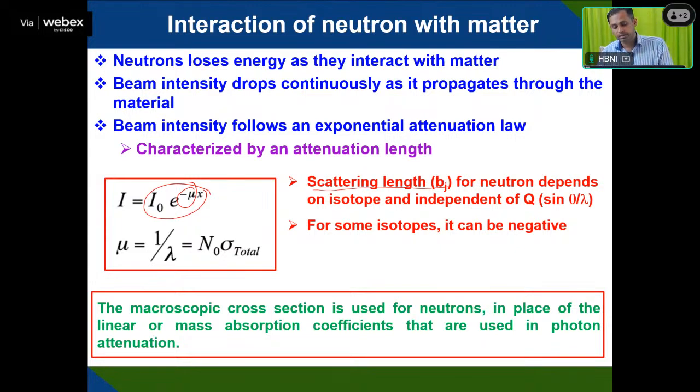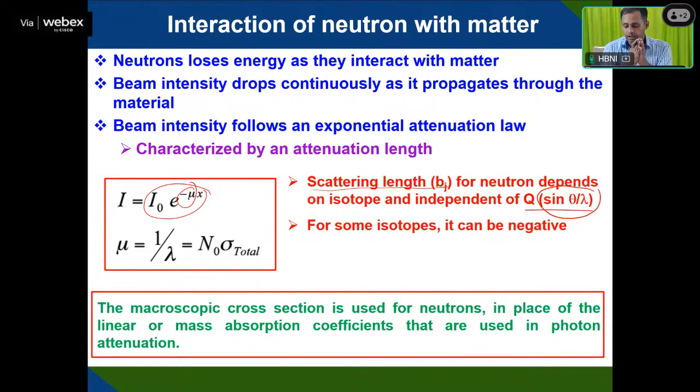That depends on the isotope, but is independent of the q vector, that is the wave vector, sine theta by lambda, at which the interaction occurs. So it mainly depends upon the isotopic mass. But in the X-ray case, it depends on sine theta by lambda.